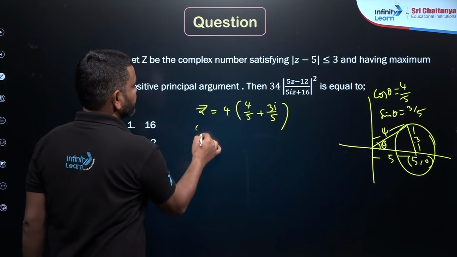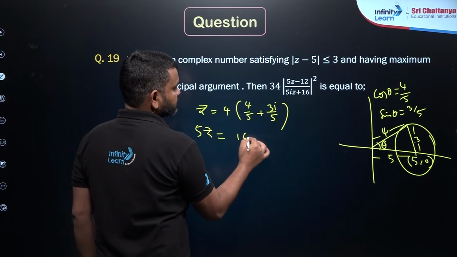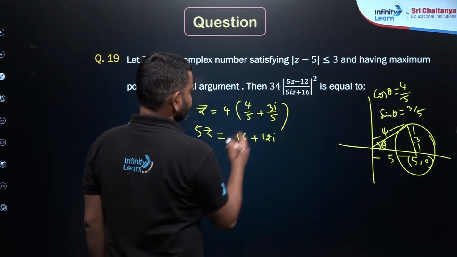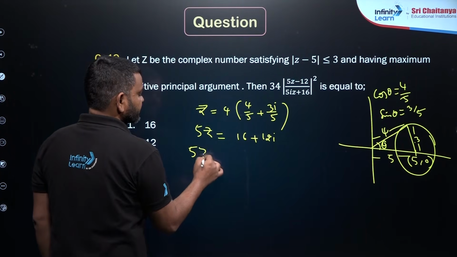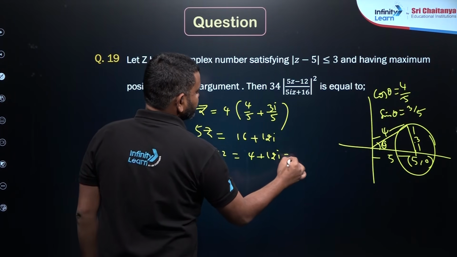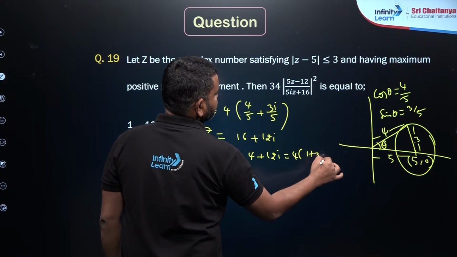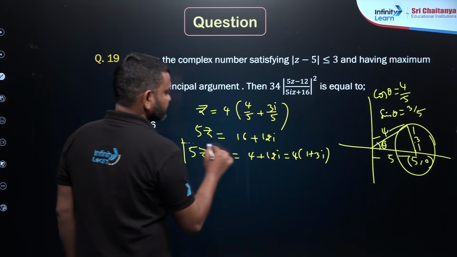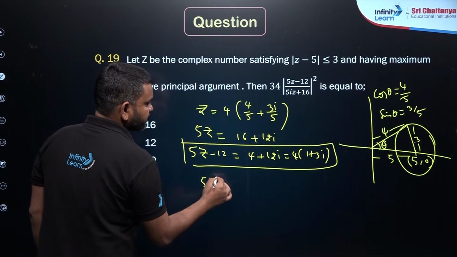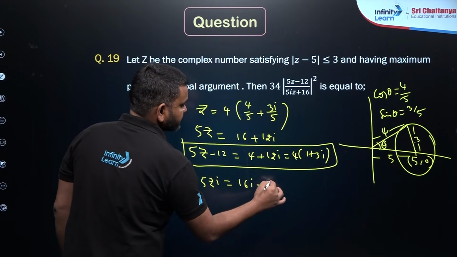Now 5 coming to the left side, 5z is equal to 16 plus 12i is what I have. Now 5z minus 12 I need. So 5z minus 12, if I am writing, this is going to be 4 plus 12i, or 4 times of 1 plus 3i. This is one value which I need. Next one, 5zi, 5 into z into i is going to be 16i minus 12.